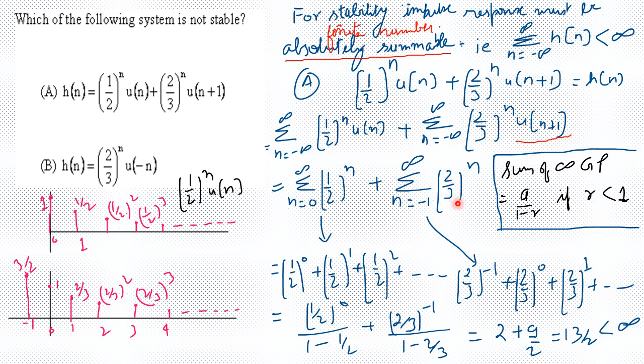So it is (2/3)^n. Now we can expand this. We get (1/2)^0 plus (1/2)^1 plus (1/2)^2, and it continues like that. This is the first series. The second series is (2/3)^n, so it goes like (2/3)^(-1) plus (2/3)^0 plus (2/3)^1, and so on to infinity.